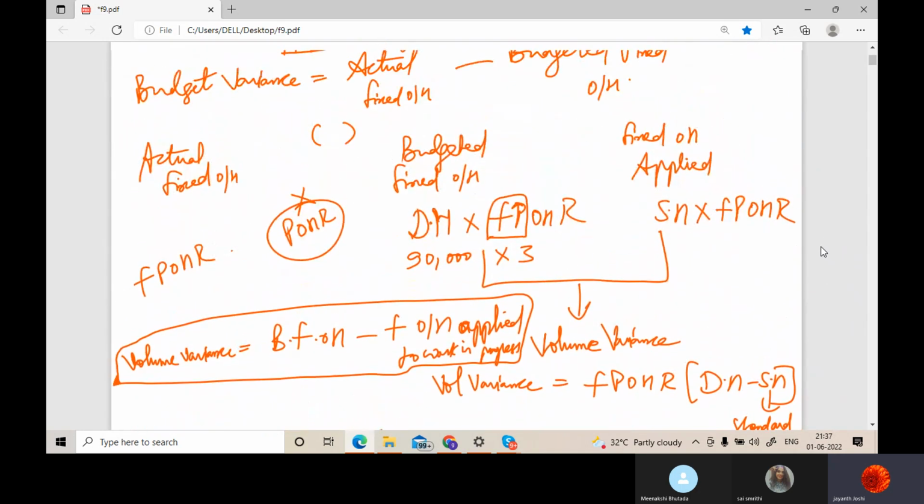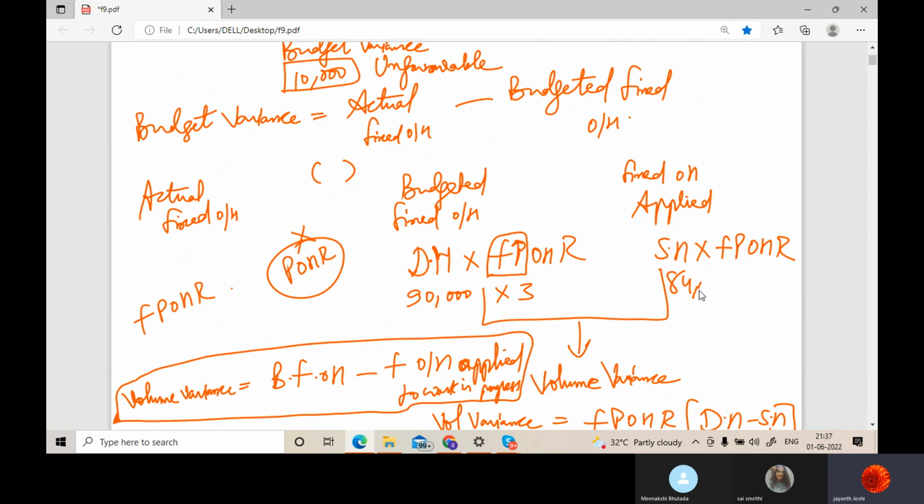It's like 84,000 into 3. Now 3 is common, 90,000 minus 84,000. So 3 into 6,000. So your variance is 18,000. Okay, just make a note of this.